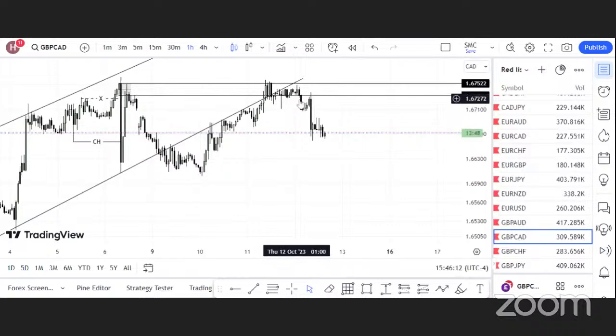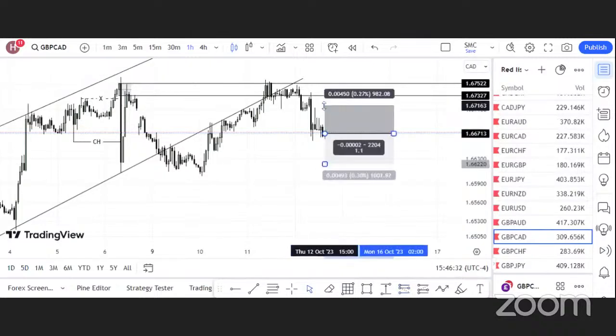You see, we have a breakout here. It went back up to retest the breakout, and then it continued to sell. So now the market will keep selling. Trust me, this market is going to continue to sell to the downside.